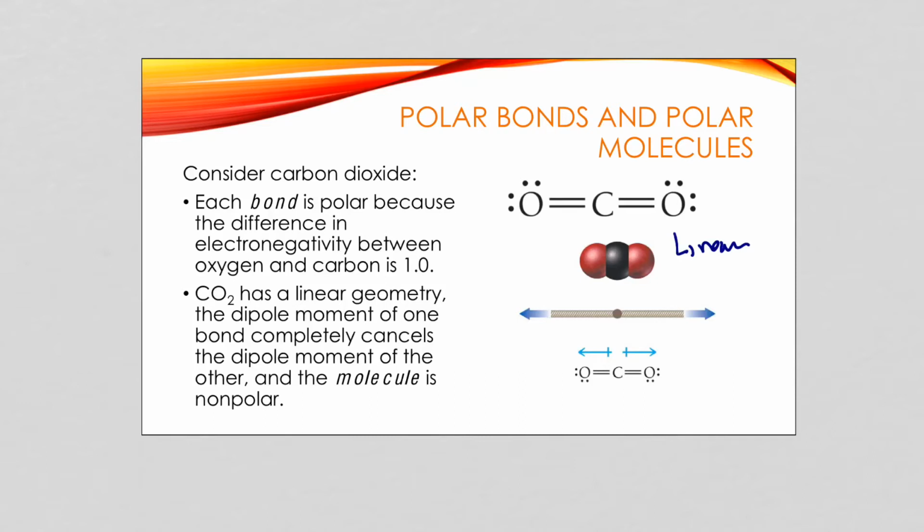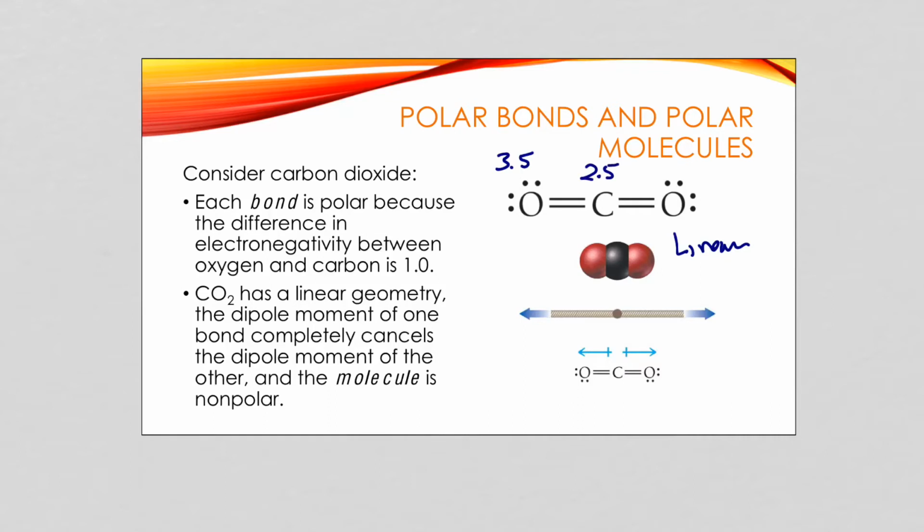If we look at the bonds, we would look at the electronegativity difference, and we would calculate that the electronegativity value for oxygen is 3.5 and for carbon is 2.5.